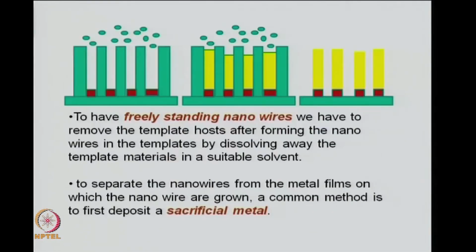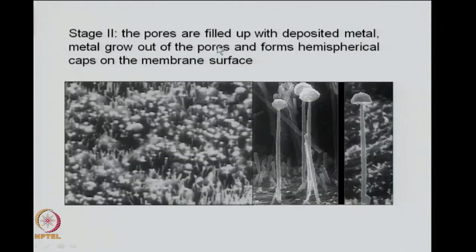If you add more than this level, then they will flow out of this pore, and they will form flowers on top of this membrane or the template. That is what you see in the second stage, where the membrane was up till this portion, and then the electrodeposition took place out of the membrane, and you get these kind of flower-like structures or hemispherical structures, which are capping the cylindrical nanowires.